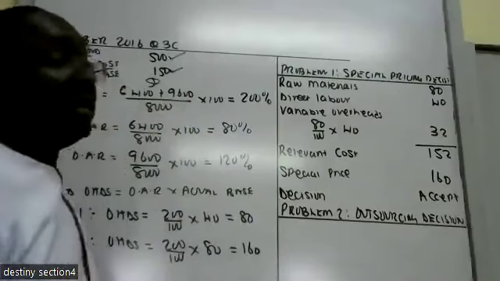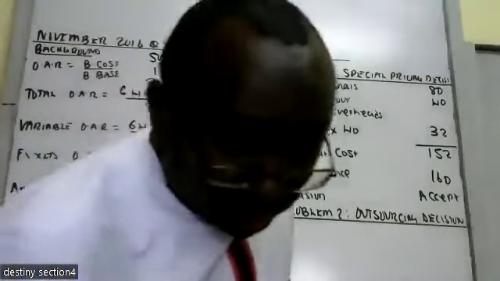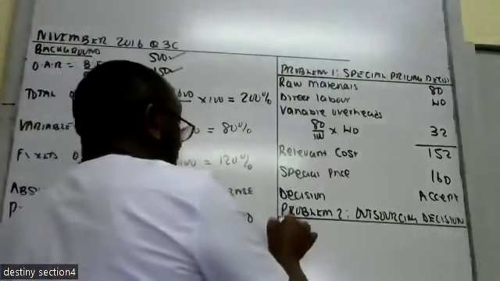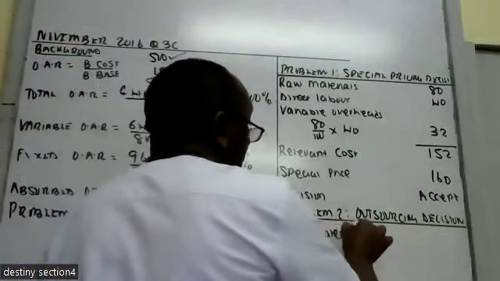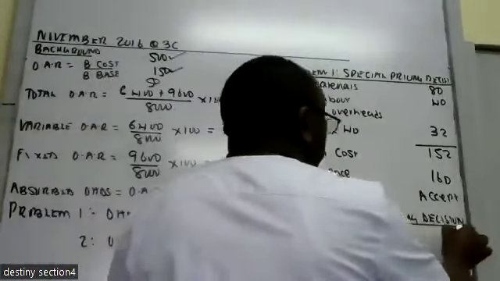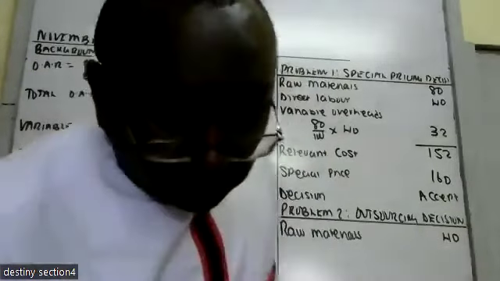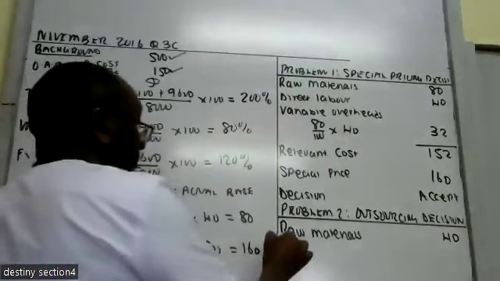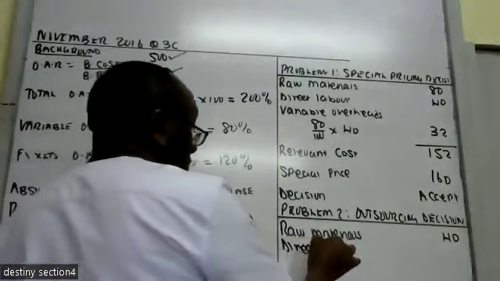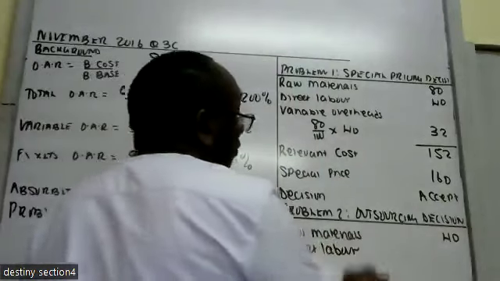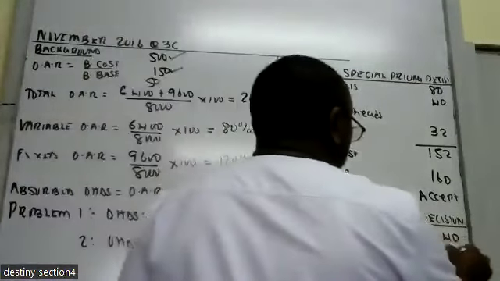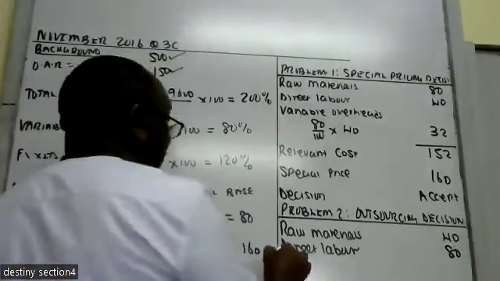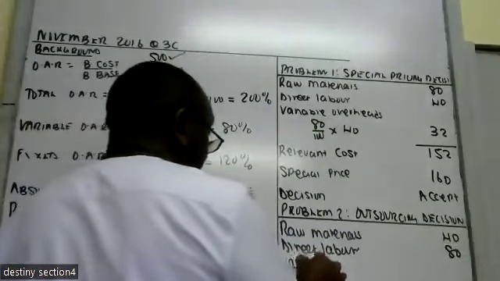So, the same thing. We consider raw materials, which is 40 bob. There is direct labor, which is 80. Then we have variable overheads.